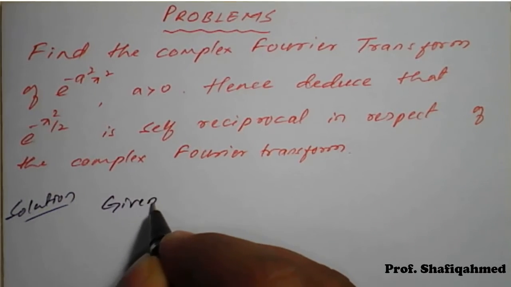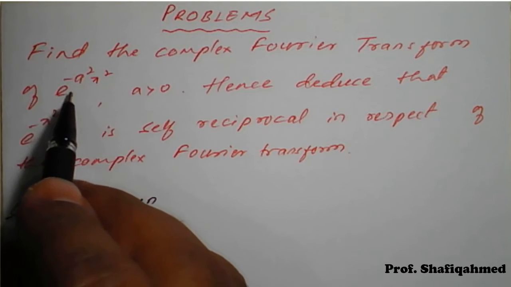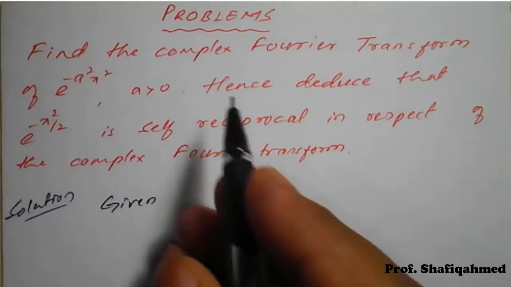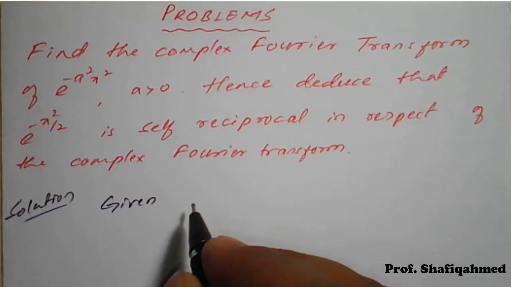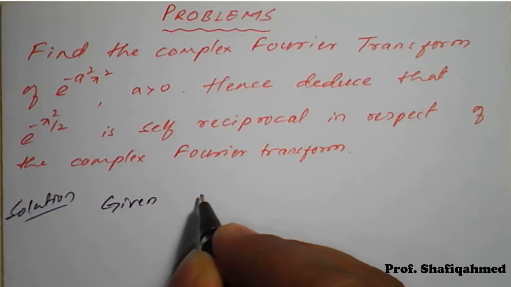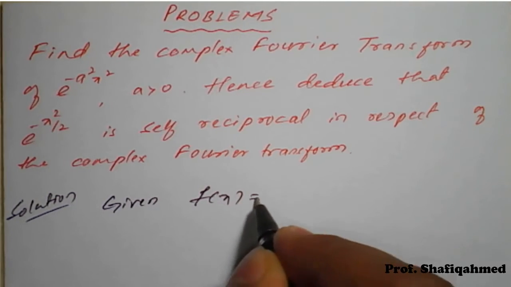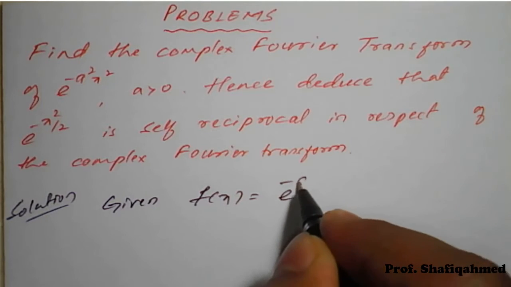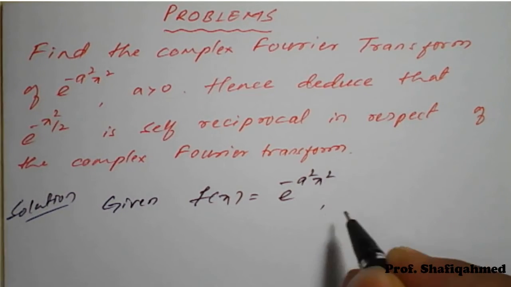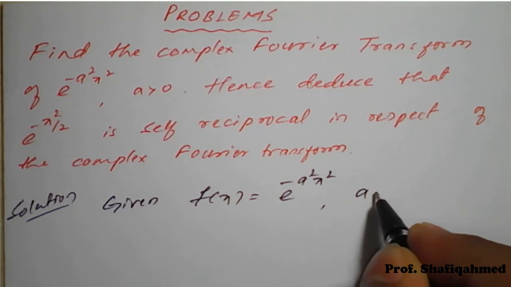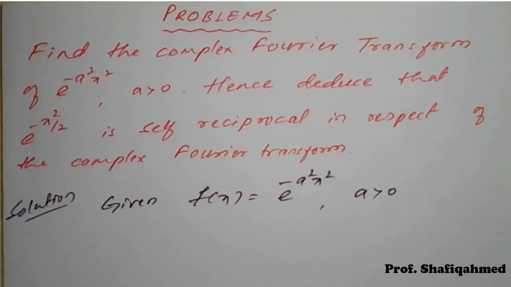So the given e raised to minus a square into x square is nothing but our given function f of x, where a is positive.